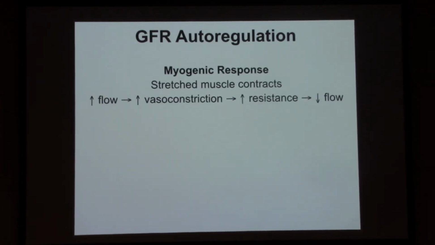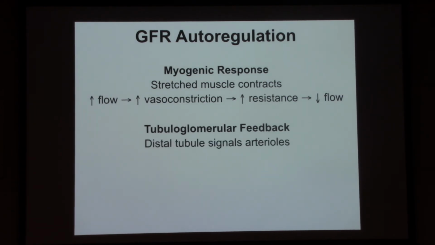All right, another mechanism, tubular glomerular feedback. So we'll get feedback from the tubule that will influence the glomerulus. How did that happen? The distal tubule can signal to those arterioles.